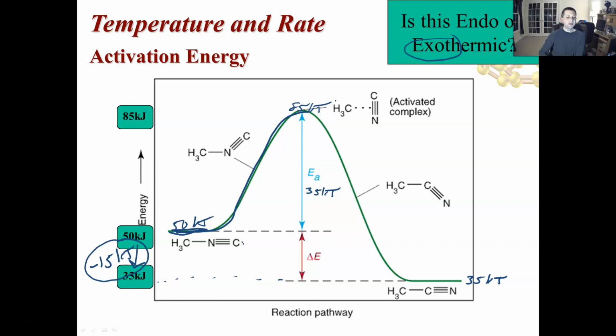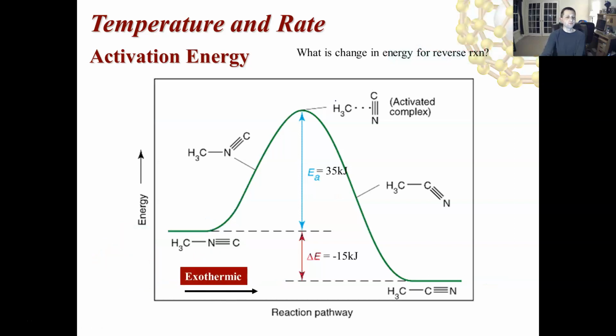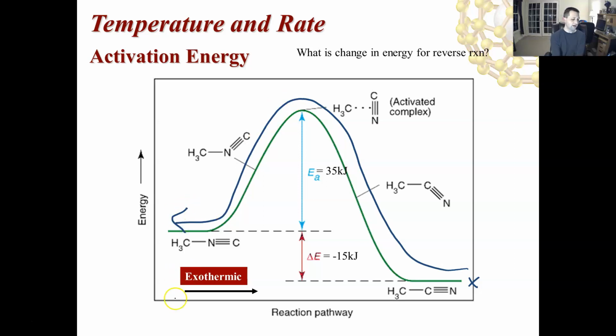I could ask you a couple more questions about the reverse reaction as well, and that's what I have on this slide. It says, what's the change in energy for the reverse reaction? If I want to go back, the reverse reaction is just going this way, obviously. See how it says exothermic in the forward direction?